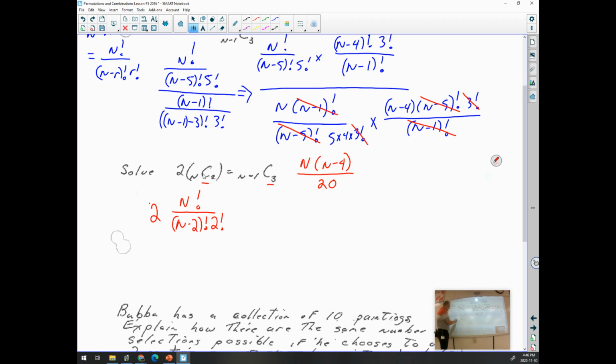Now we can already cross off that 2 and that 2. It's 2 factorial is 2. Over here I have n minus 1 factorial over n minus 1 minus 3 factorial 3 factorial. Just tidy this up a little bit.